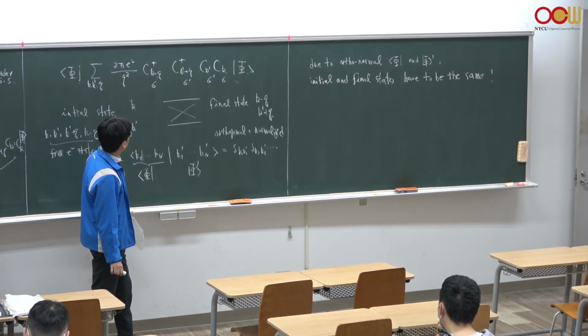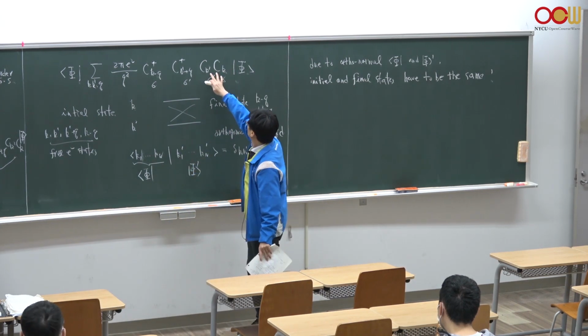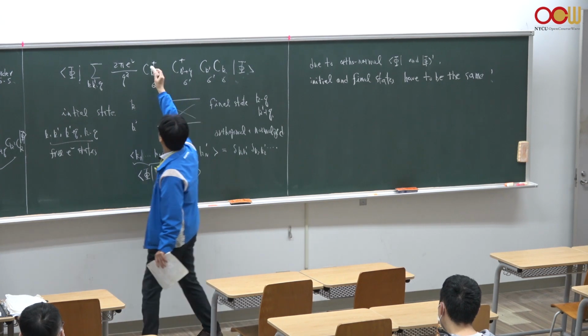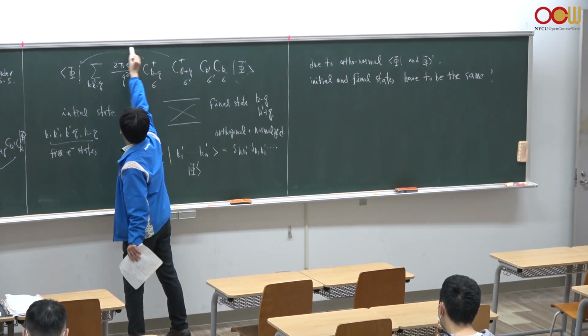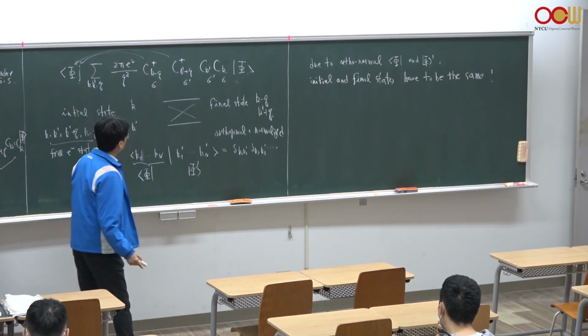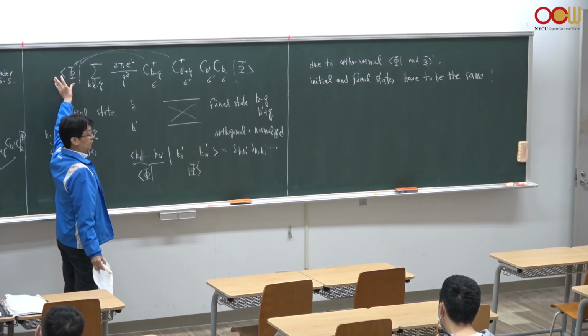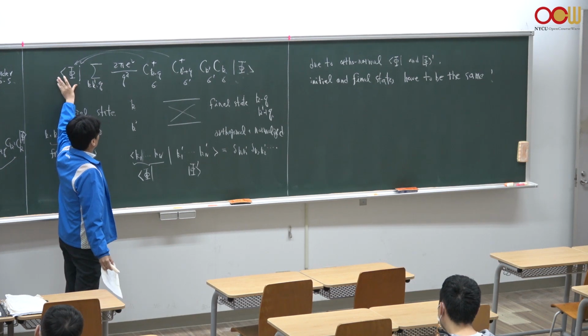Because if you destroy 2 electrons, k prime and k here, and then reversely increase these 2 electrons to the left, you also destroy these 2 single electron wave functions in the phi bra state.